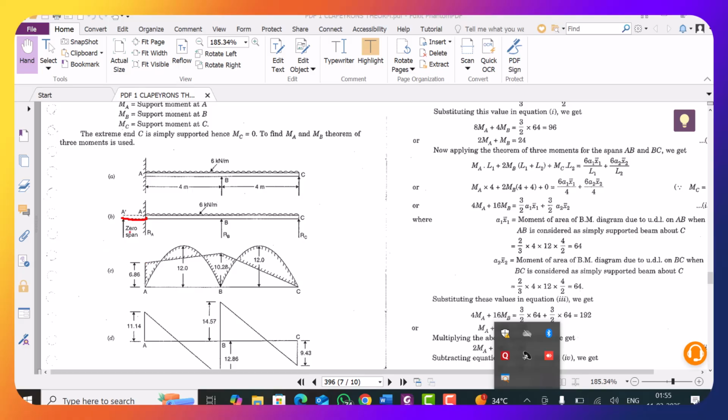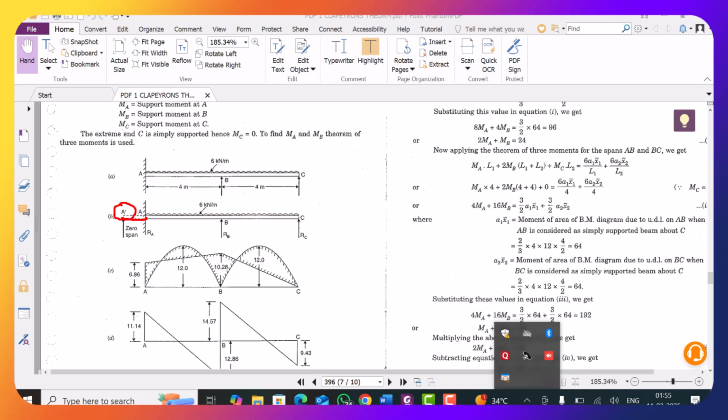Now you have taken this virtual span, and this is your support. You can call it an imaginary support, say A dash. So now you have two spans available, right? A dash AB and ABC. So definitely you will get two equations of Clapeyron's, and you can determine the unknowns.